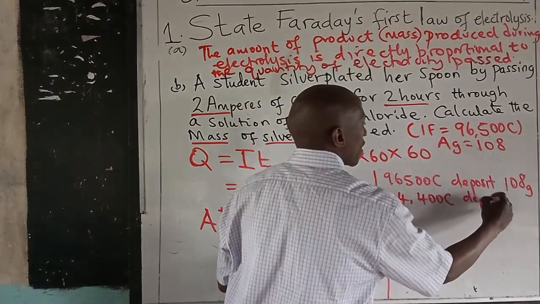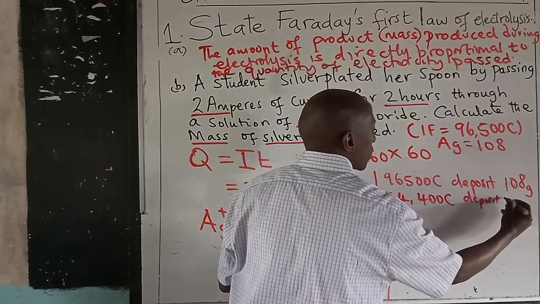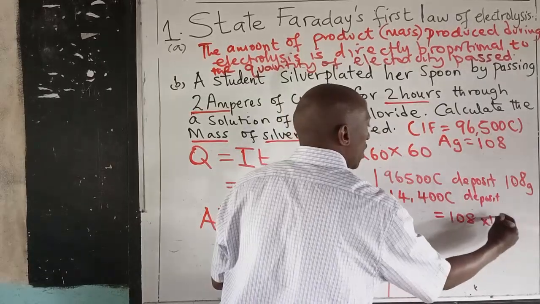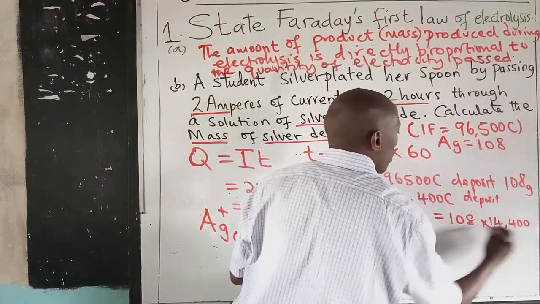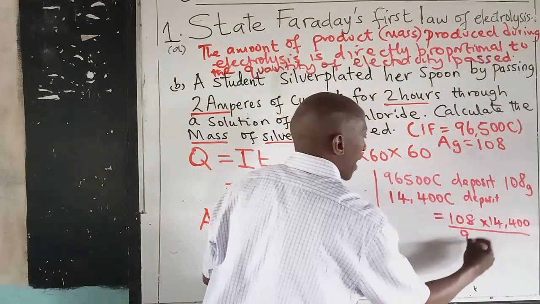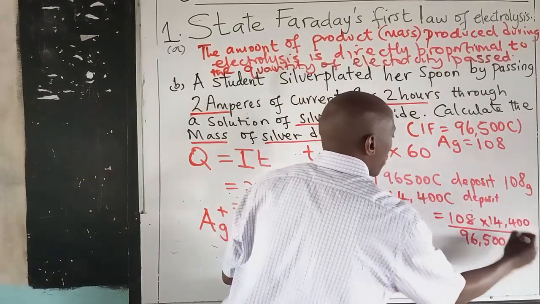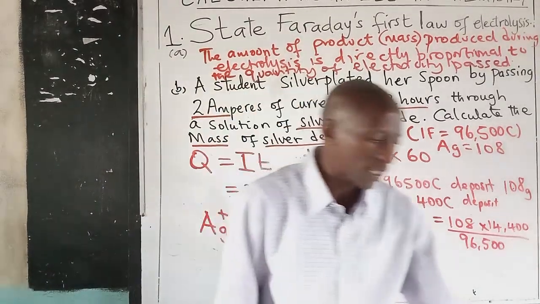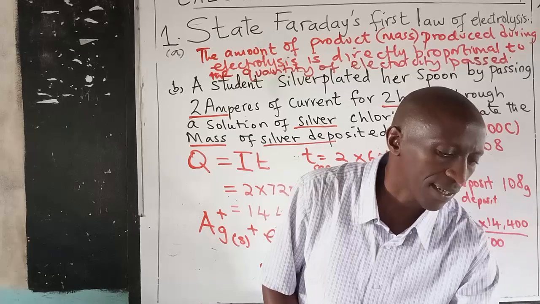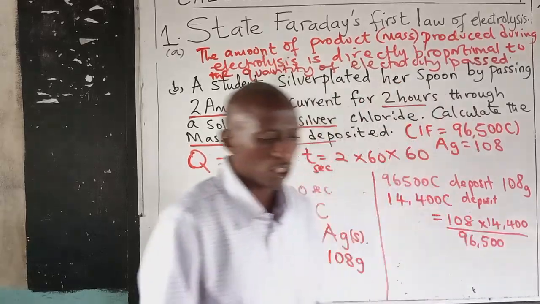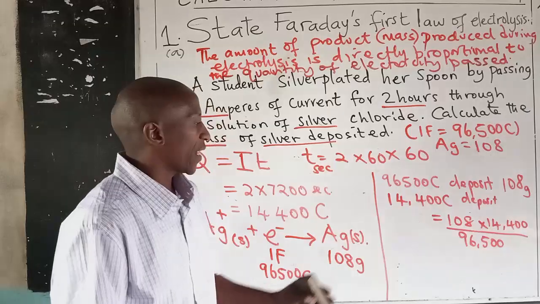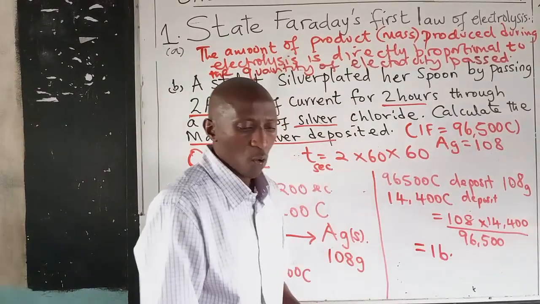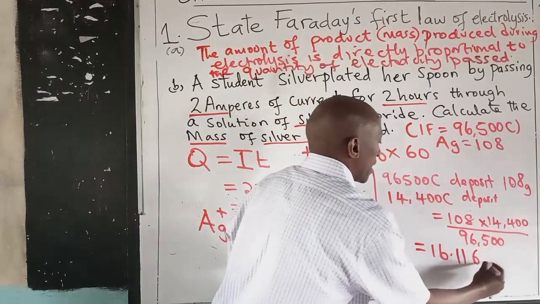How much did it deposit? Cross multiplying, we get this is equal to 108 times 14,400, divided by 96,500. So, viewers, on your calculator, let us punch that and see how much we get. From the calculations, we get that this comes to be 16.116 grams.